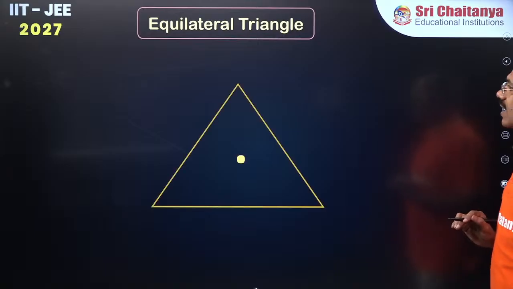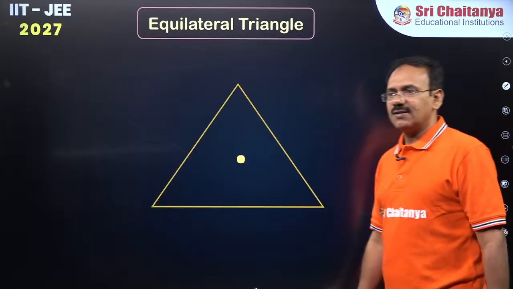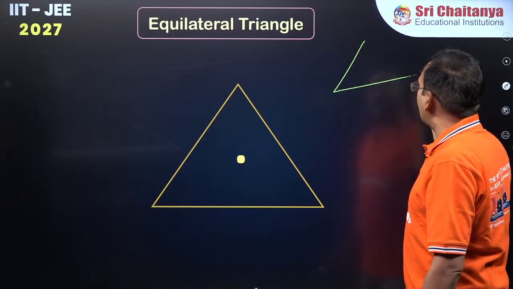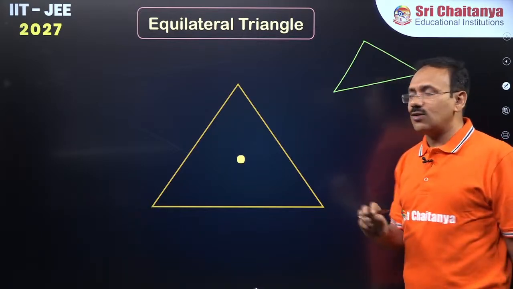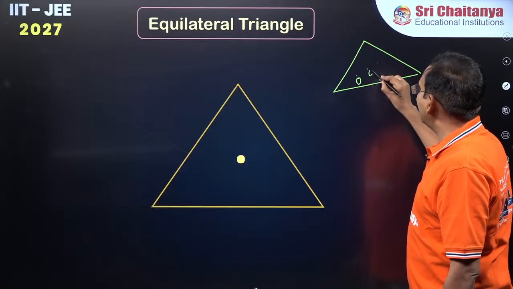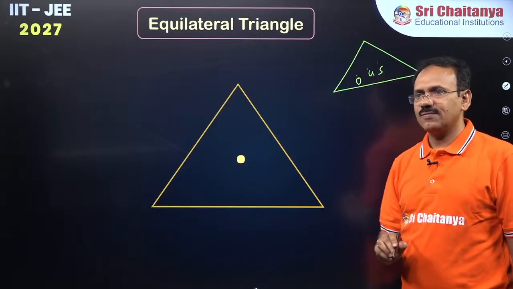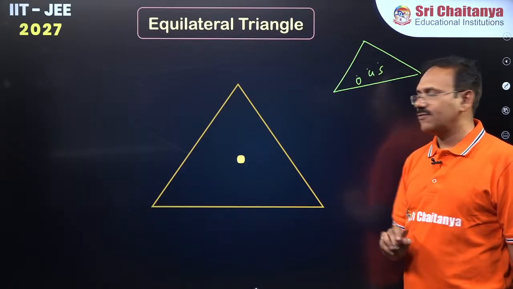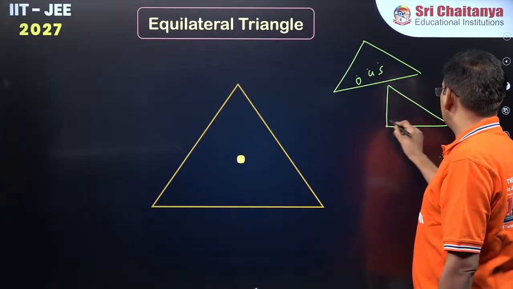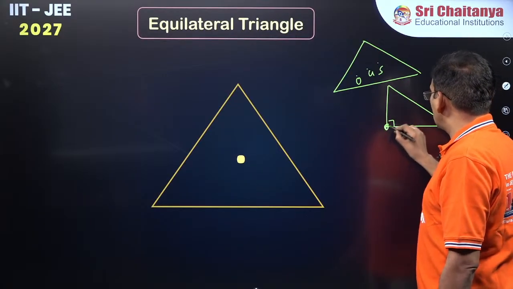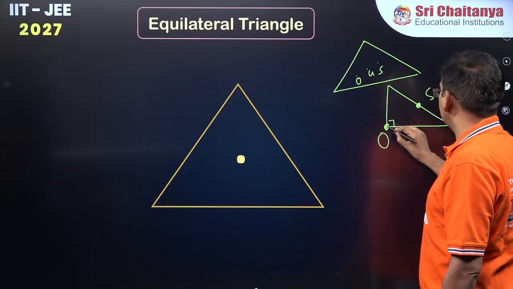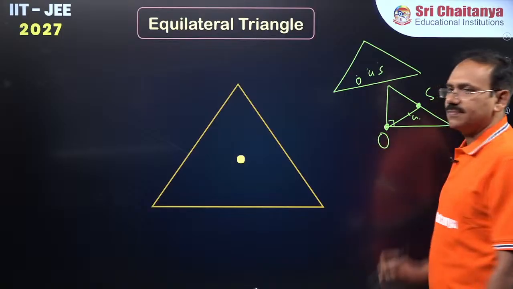Next, generally students, you take any triangle. Suppose you take an acute angle triangle, then O, G, S will all be inside the triangle itself. Whereas if you take a right angled triangle, this is going to be the orthocenter, the midpoint of the hypotenuse is the circumcenter, and G will be here.